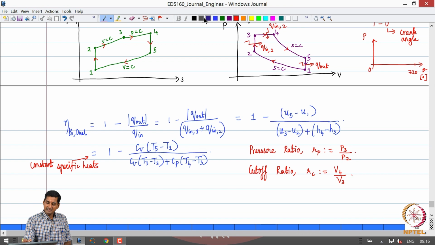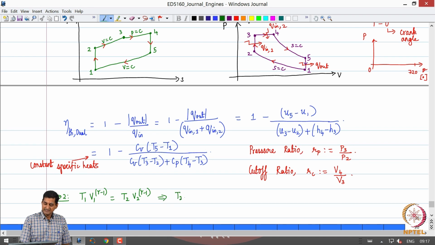Now, let us look at each process at a time. So, now if we look at 1 to 2, what is 1 to 2? It is isentropic compression. So, what is the process relationship? We will have T1 V1 power gamma minus 1 will be equal to T2 V2 power gamma minus 1.